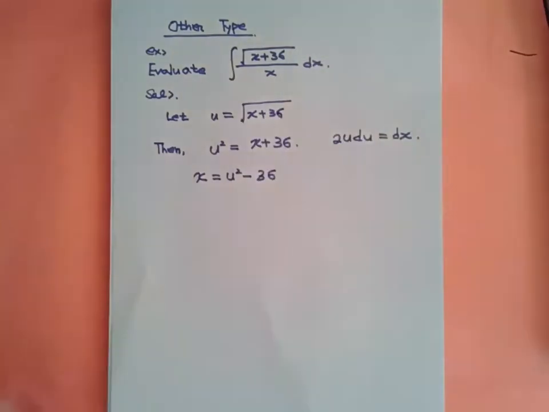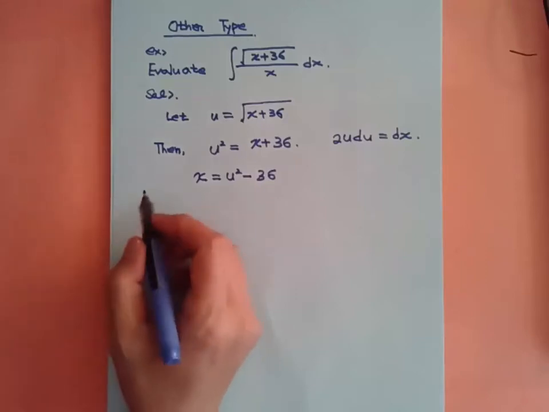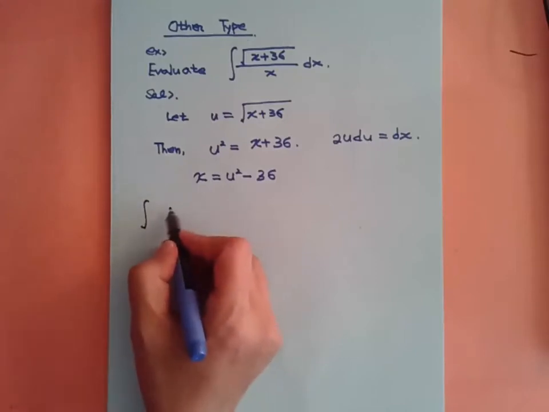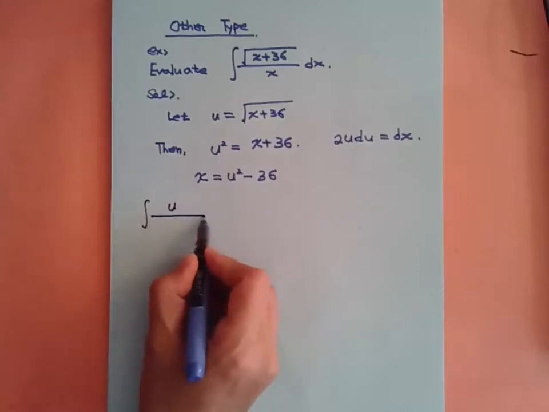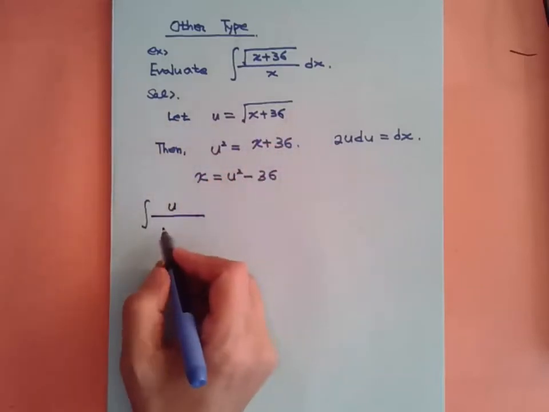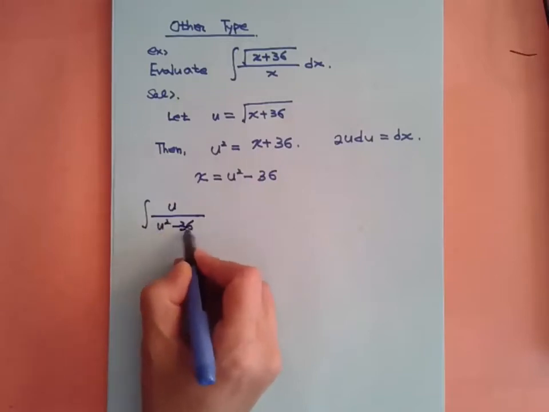So we can think about it so we can make progress. The given expression becomes: the numerator u, and the denominator x becomes u squared minus 36.